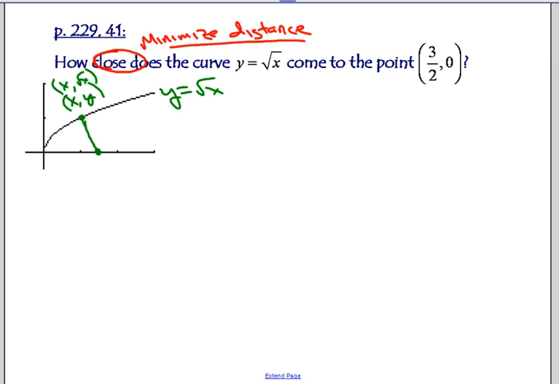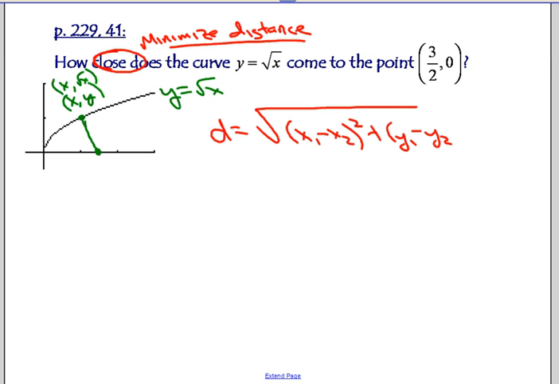In order to do that, you have to remember your distance formula. The distance formula is the square root of the quantity: you subtract the x-coordinates squared and subtract the y-coordinates squared. It came from the Pythagorean theorem. If you square both sides, you can kind of see the Pythagorean theorem built into this. Okay, we would like to minimize d.